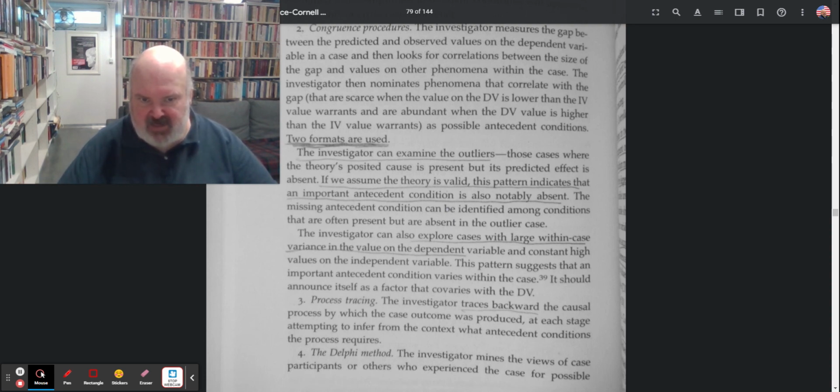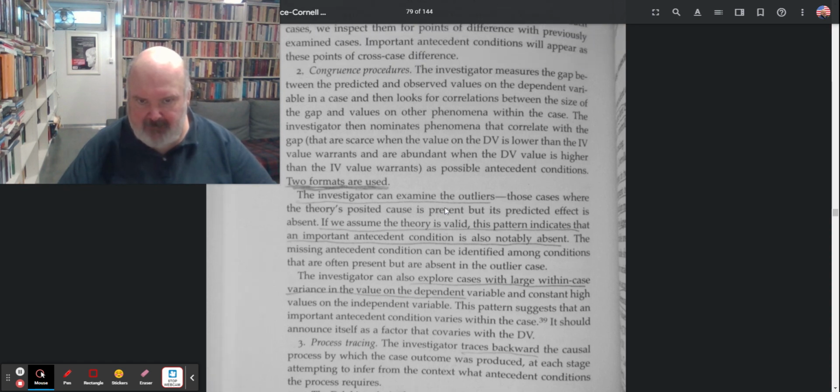Again, I think this is within case variance. Yeah, it's within case variance. It's type 2, I think. Multiple within case variance. It doesn't say. So congruence procedure investigates measures of gaps between the observed variable and dependent variables and the size of gaps between these things. So that's there.